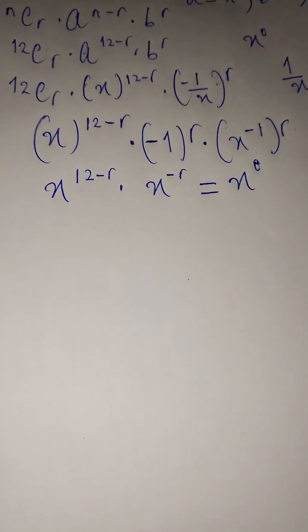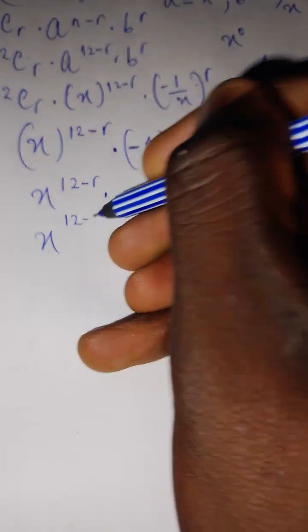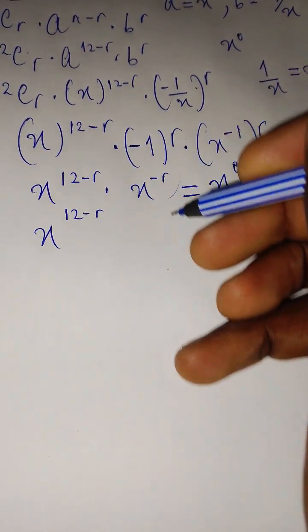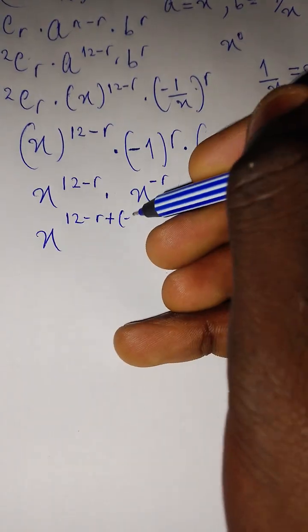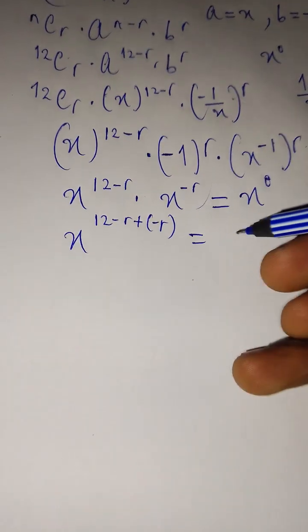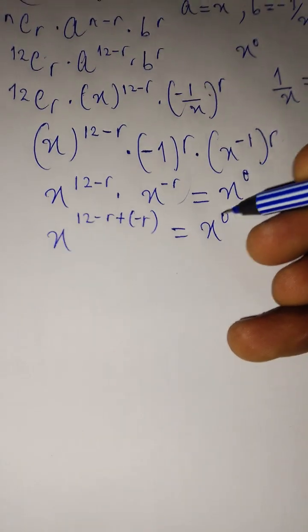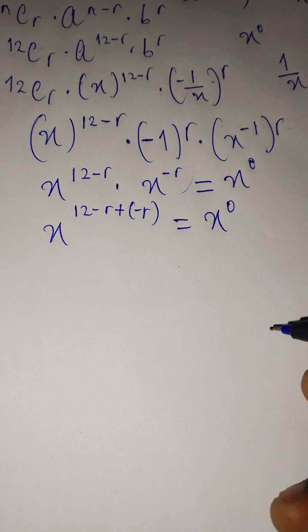In that rationale, we're going to say x to the power 12 minus r, we add negative r there, maintain the same base, equal to x to the power 0.